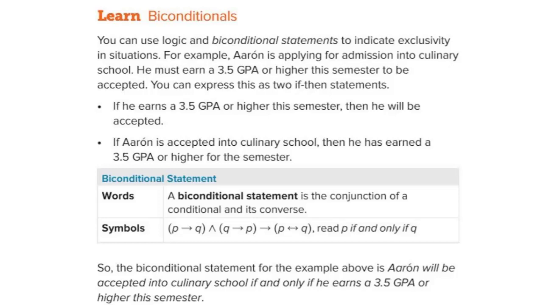The converse, where we switch the hypothesis and the conclusion, would be: if Aaron is accepted into the culinary school program, then he has earned a 3.5 GPA or higher for the semester. Both of those if-thens are true. If he gets in, it means he earned a 3.5. If he earns a 3.5, then he's going to get in. So both of these statements are true here.